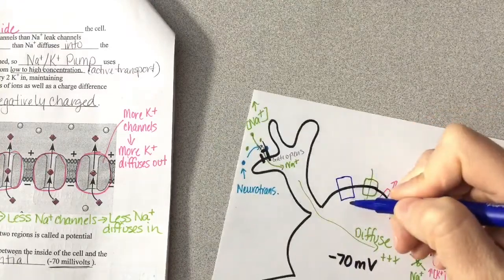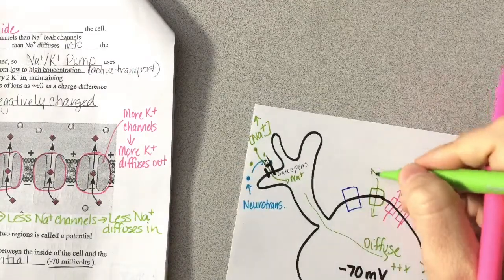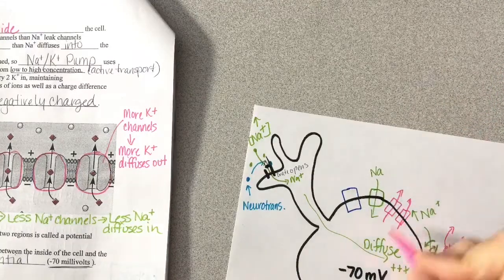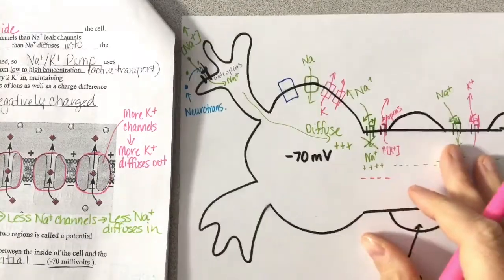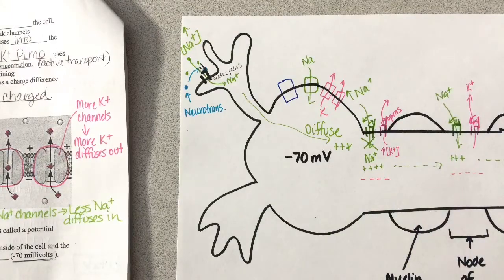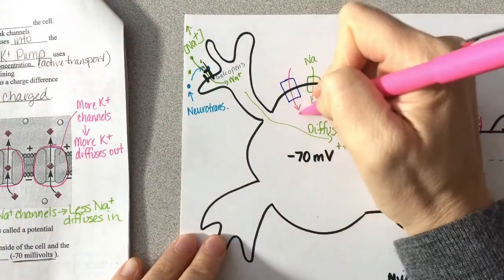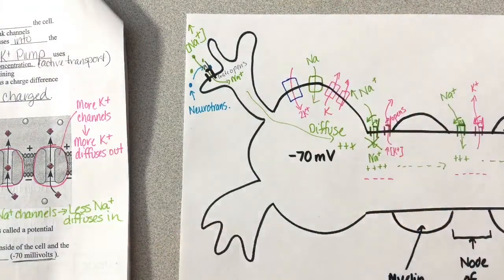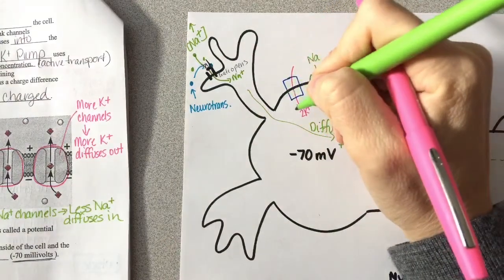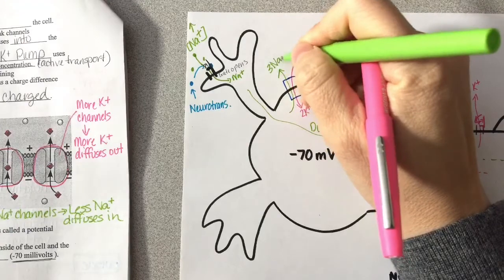But remember that you have those sodium potassium pumps. The sodium potassium pump is going to pump, maybe we should write sodium here, and potassium. Oops, I'm kind of down here, sorry. So we have the sodium potassium pump that pumps 2 K pluses in and 3 Na pluses out.